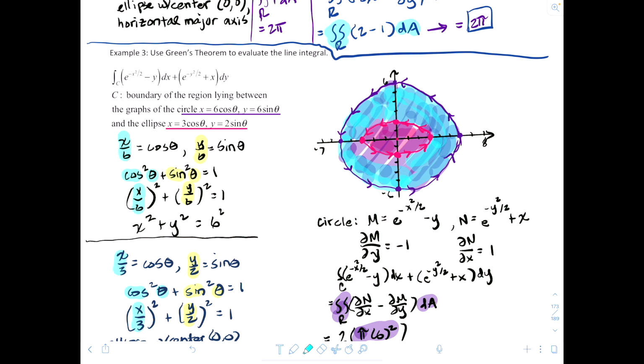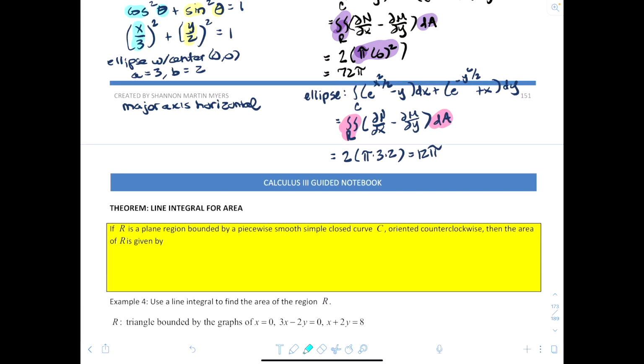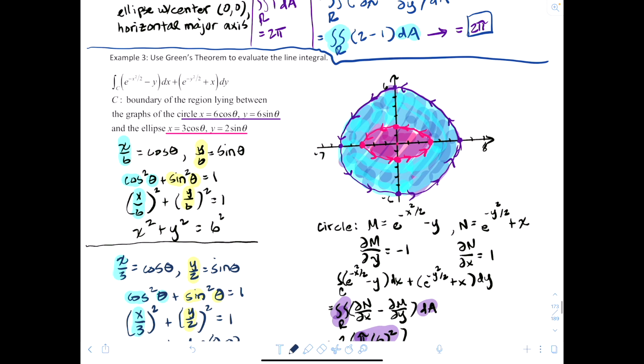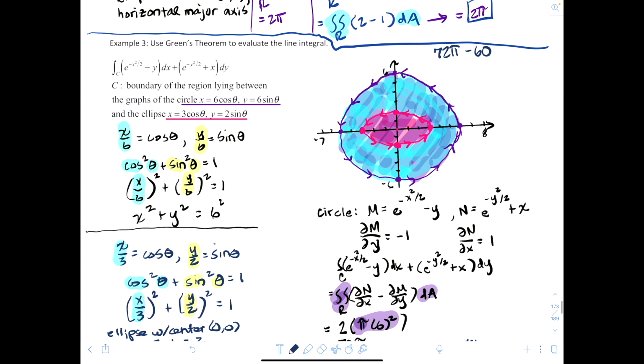And so we need to subtract our results. And so at the end of the day, we will end up with 72 pi from the circle minus 12 pi from the ellipse, right?